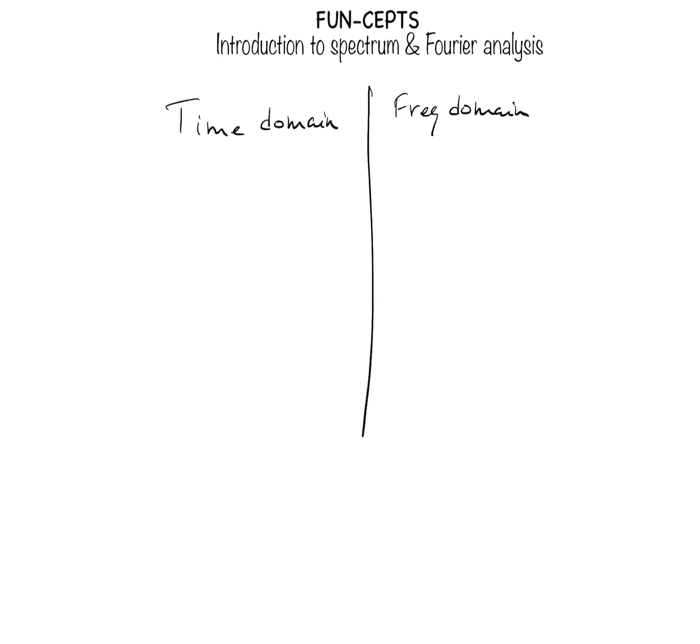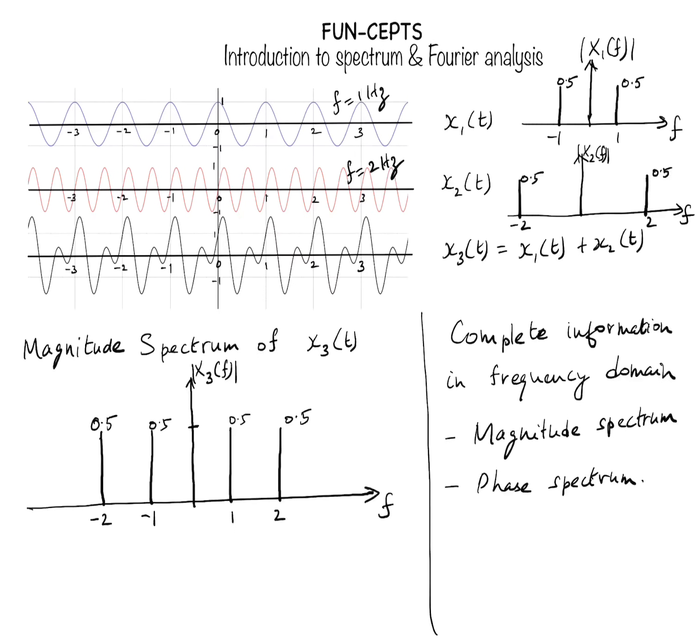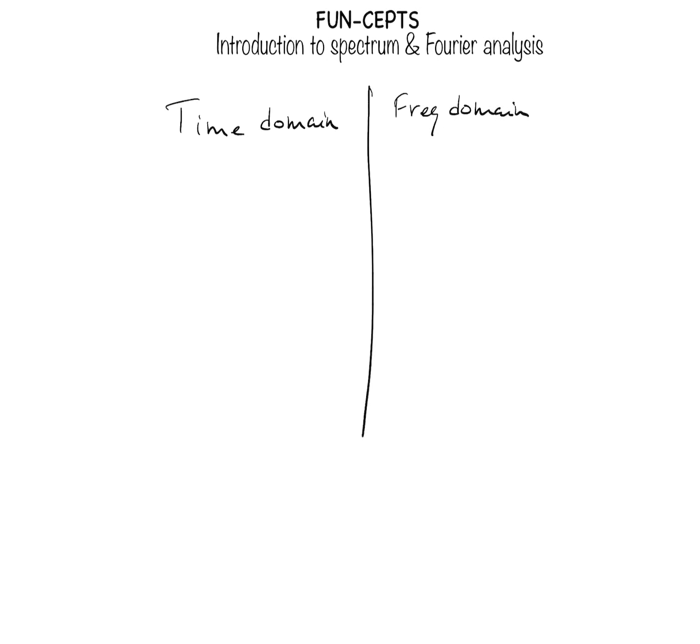Since sine and cosine and sum of sine and cosine are all periodic, when we add sines and cosines, we end up with a signal which is still periodic. So if we have a signal which is periodic in the time domain, then the frequency domain or the spectrum is going to be discrete.